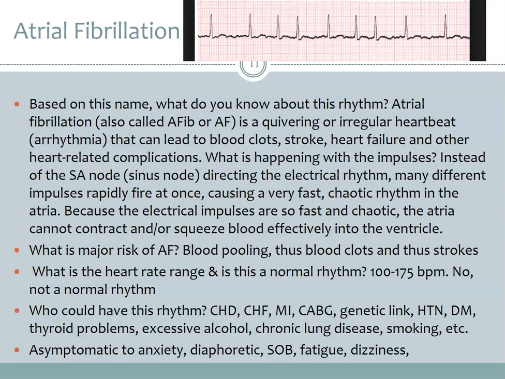The fibrillation, literally, if you break down that word, that means that the heart is quivering. So we have this irregular quivering arrhythmia, and we talked about that with the SA node firing rapidly and sporadically without any kind of rhyme or reason.